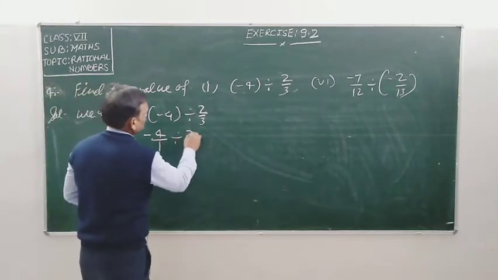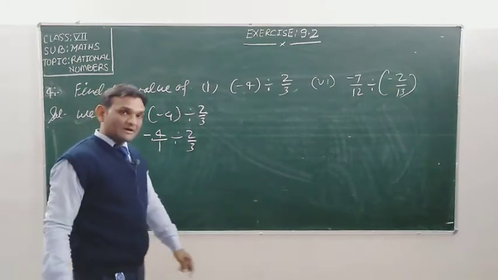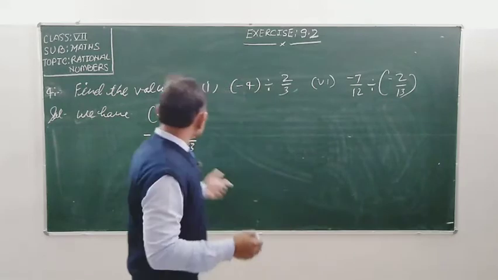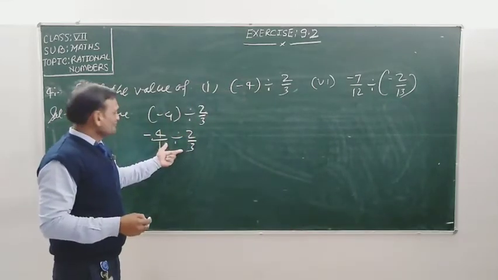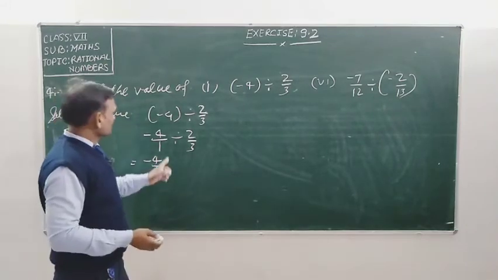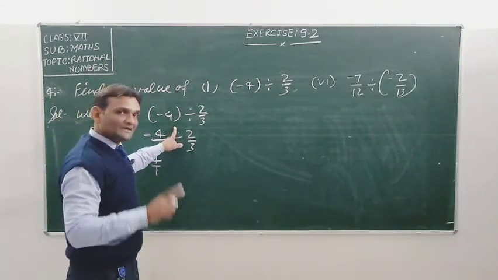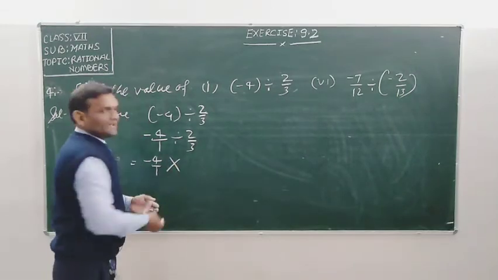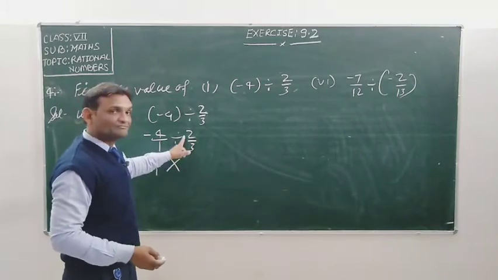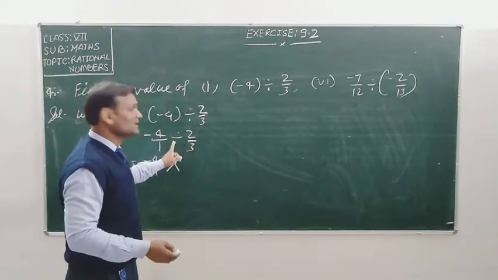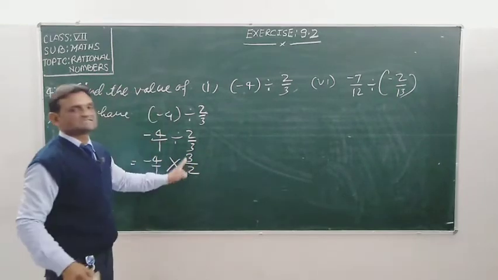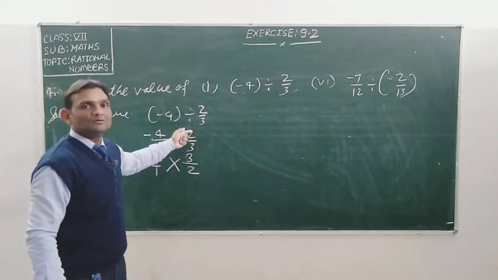So divided by 2 upon 3. Remember, in the fraction chapter, when we need to divide two fractions, we write the first fraction the same and change the division sign into a multiplication sign, and we write the reciprocal of the second fraction given after the division sign. It means we have to write 3 upon 2 like this, the reciprocal, upside down.